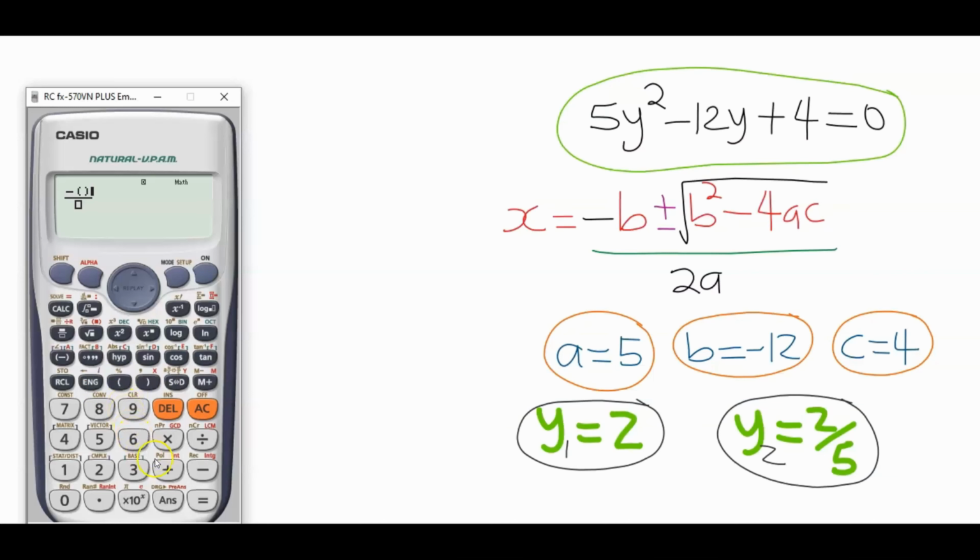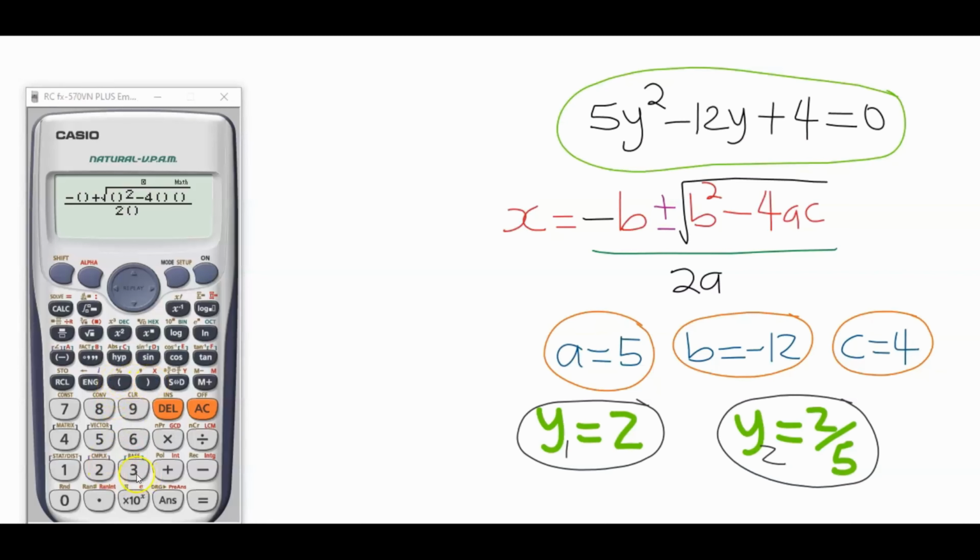Let's start with plus, then square root. Inside the square root, we're going to have b squared, then minus 4 multiplied by a multiplied by c. Next, at the denominator, we have 2 multiplied by a.